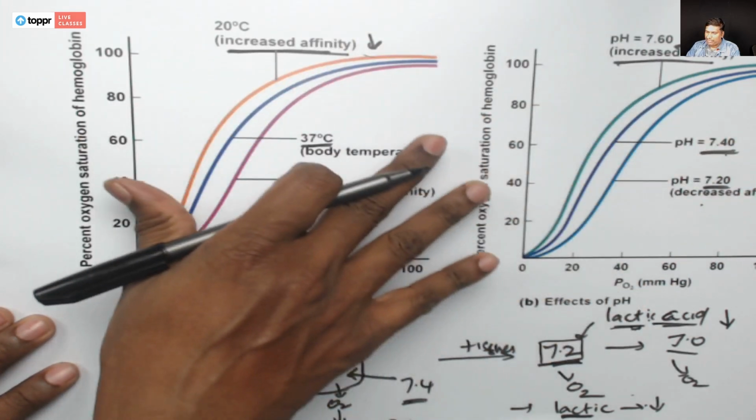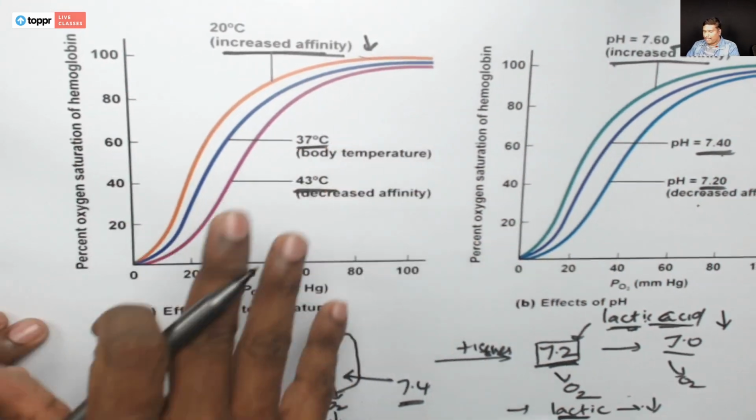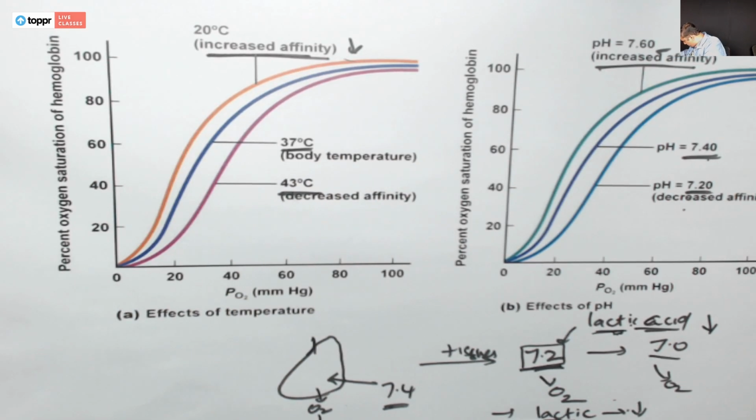So this is the effect of the major three factors. And then if you look at the final aspect, which is the effect of 2,3-diphosphoglycerate.